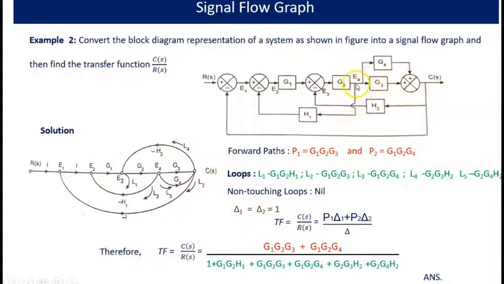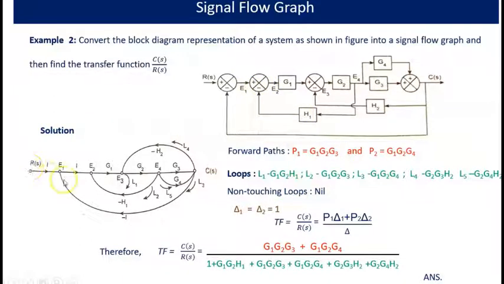So it is connected from E4 to E1, E4 to E2. E1 is this point. We have to connect this loop to E1. This is E1, this is E2.